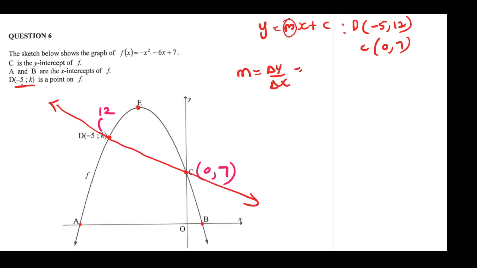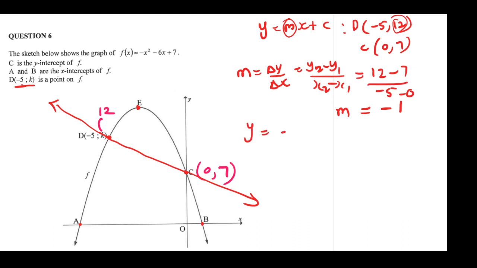It's y2 minus y1 over x2 minus x1. My y2 is 12, so 12 minus 7 over minus 5 minus 0. So my gradient for this problem is going to give me minus 1.